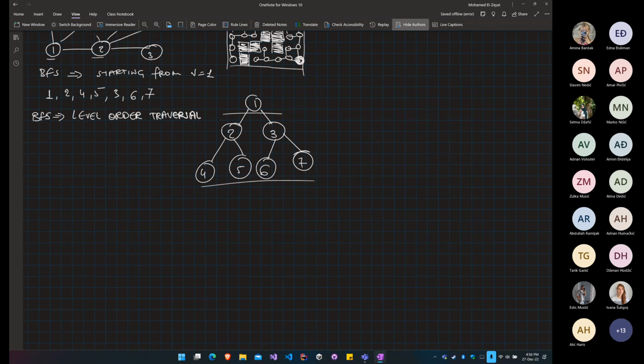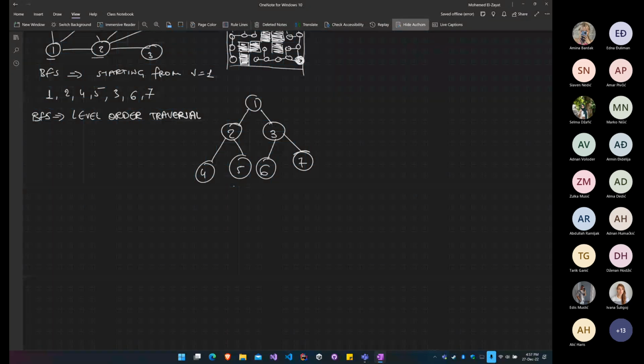As I already have said, in BFS, you need to explore every level as you go, and visit all the children of a specific node you are exploring. So for example, if I say 1, then you're going to pick up 2 and 3.